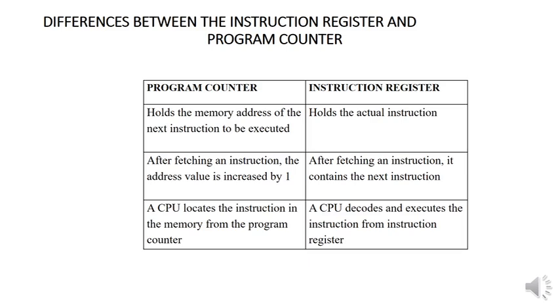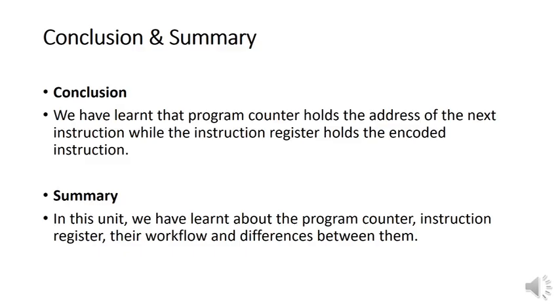After fetching an instruction, they contain the next instruction. A CPU locates the instruction in the memory from the program. Then a CPU decodes and executes the instruction from the instruction register. That's the difference between them. So you need to be able to at least differentiate between the two.